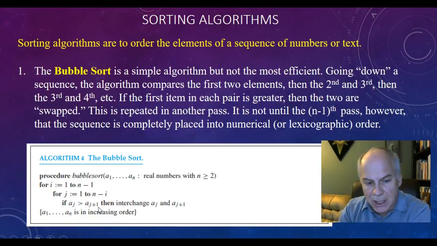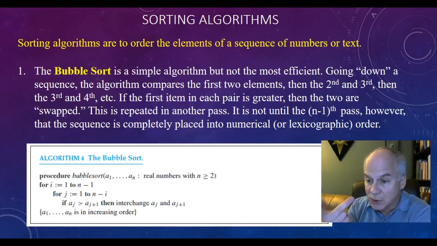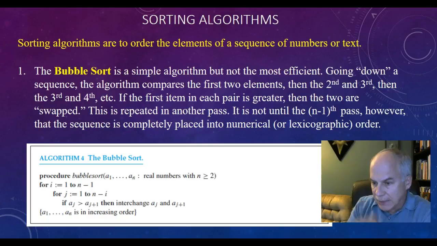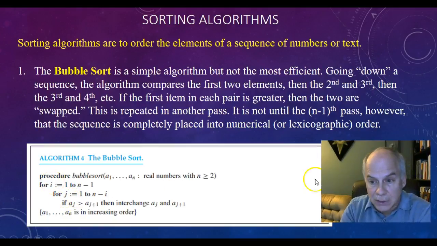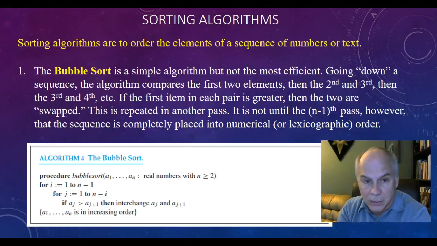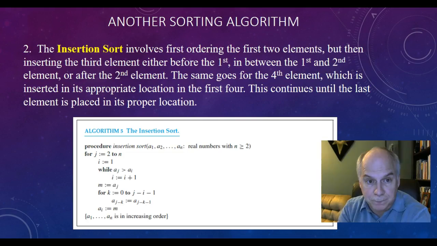And if a sub j is greater than a sub j plus 1, it'll interchange the 2, and that will make a sub j less than a sub j plus 1 instead of greater. But it needs a double loop. You notice the for loop inside of the for loop? So that's why it's so inefficient, and there are other better algorithms.